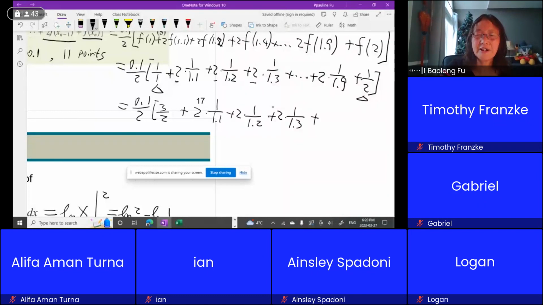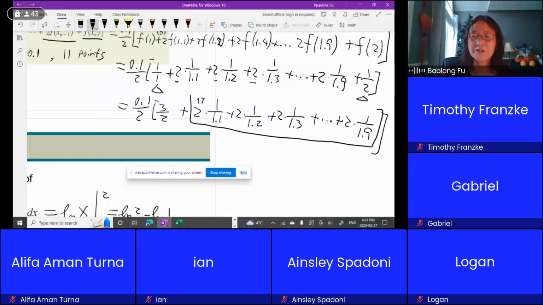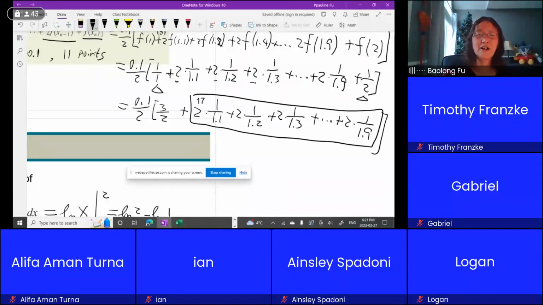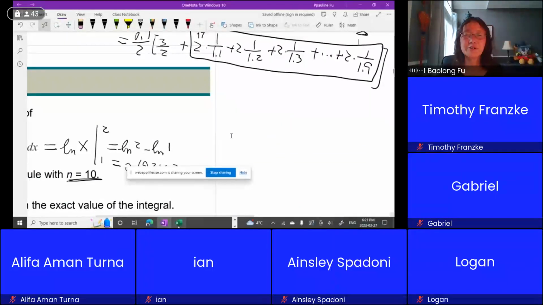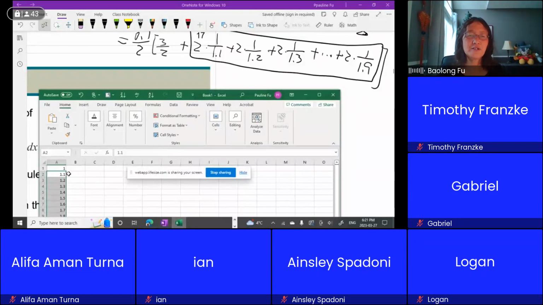So in Excel, I will just focus on this part. I combine the first item and the last item. Okay, so now I'm going to focus on Excel. So from actually 1.1.